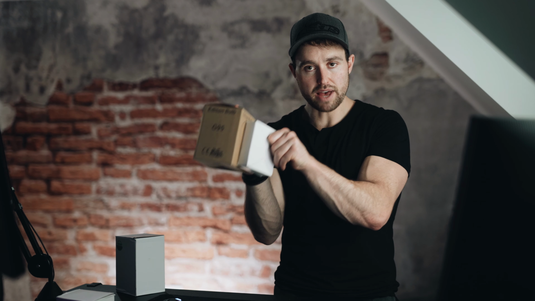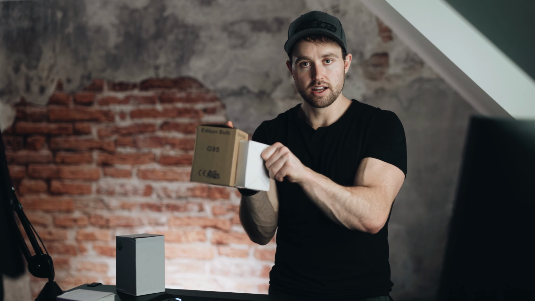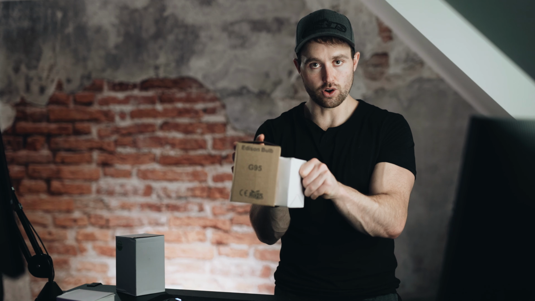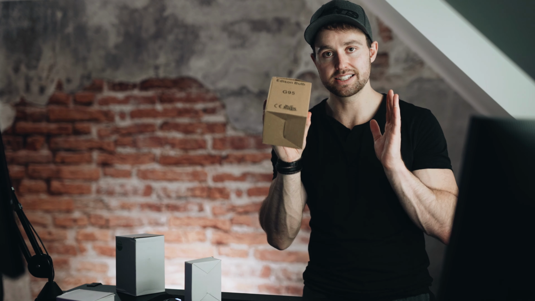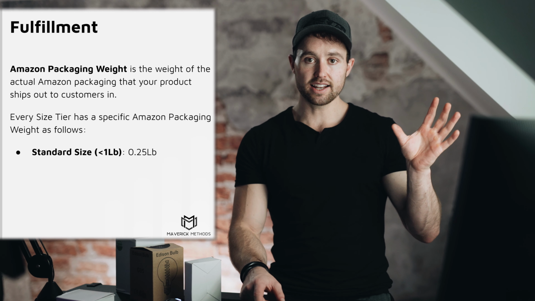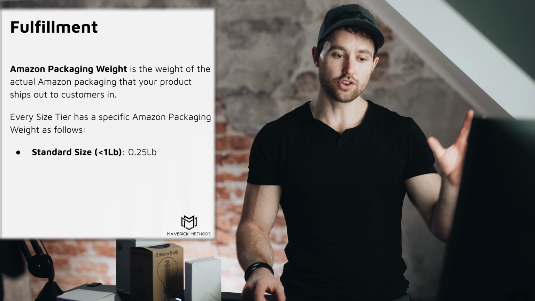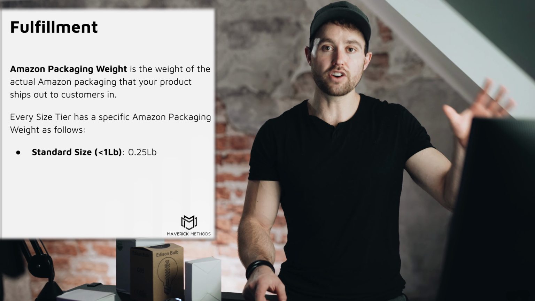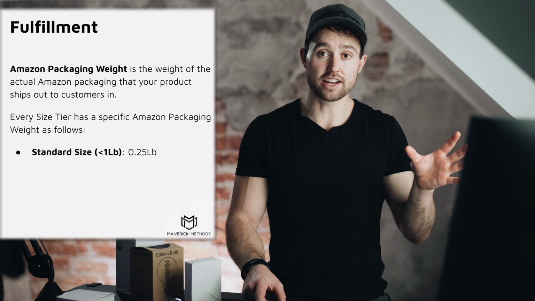And that amount of packaging weight, luckily, is set to a default based on your size tier, which we already worked out. So each size tier has a set amount of packaging weight that you can pre-calculate, and so that you know exactly what your FBA fulfillment fee will be. In the standard size under 1 pound, you are going to add 0.25 pounds to your product's actual weight.